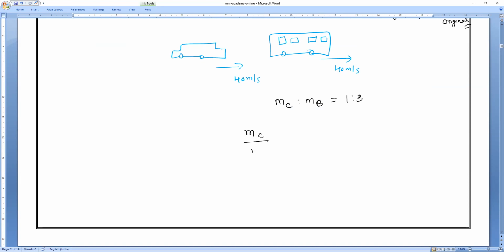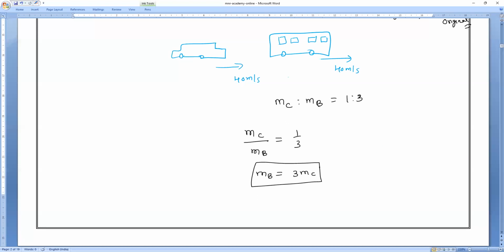Mass of a car divided by mass of a bus is equal to 1/3. So from that, mass of a bus is equal to 3 times the mass of a car. Will you all agree with me? Yes or no?